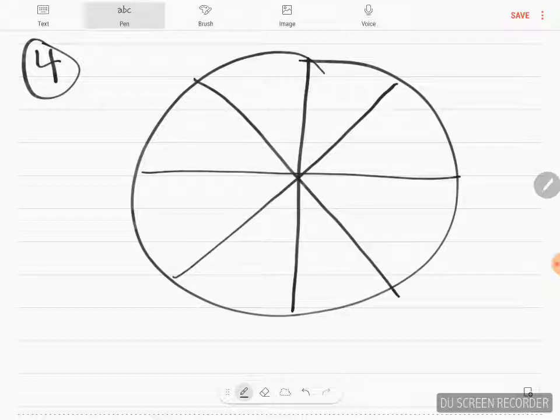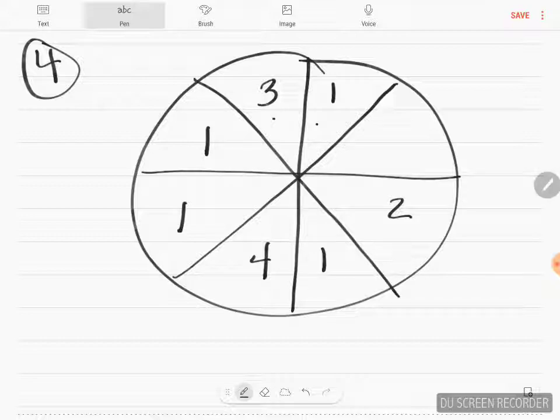1, 2, 3, 4, 5, 6, 7, 8. So I have 3, 1, 2, 1, 4, 1. Wait, I skipped that number. Hold on, you guys, let me redo this.